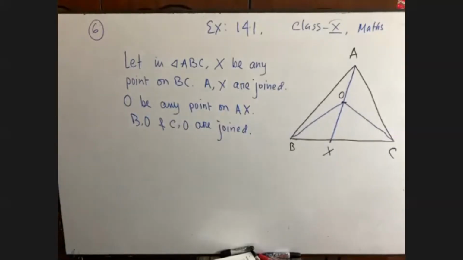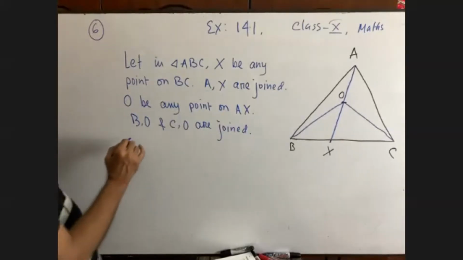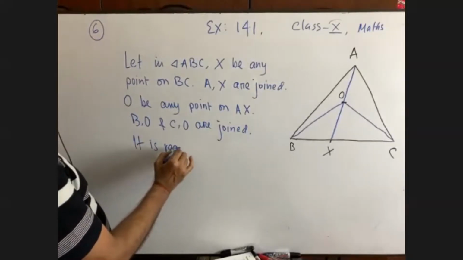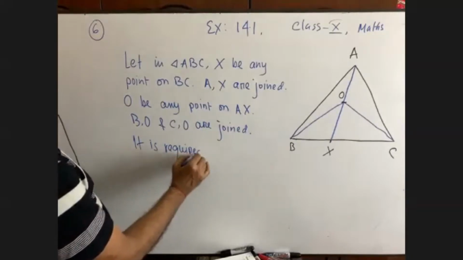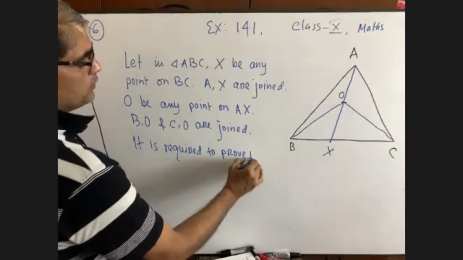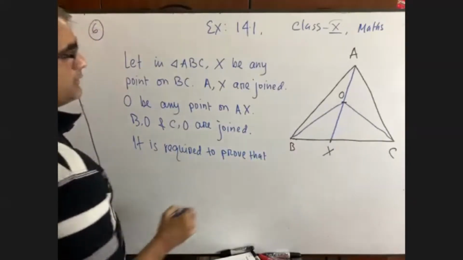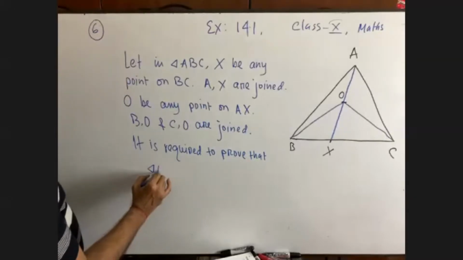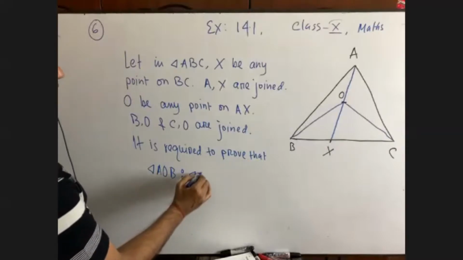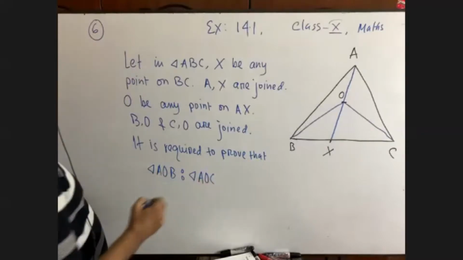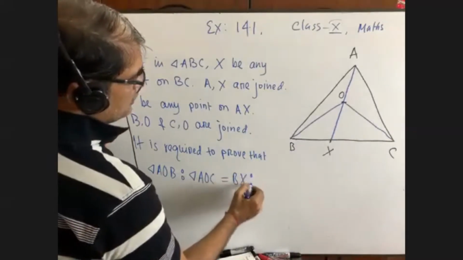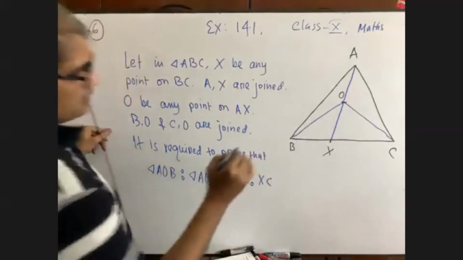It is required to prove that triangle AOB is to triangle AOC is equal to BX is to XC.